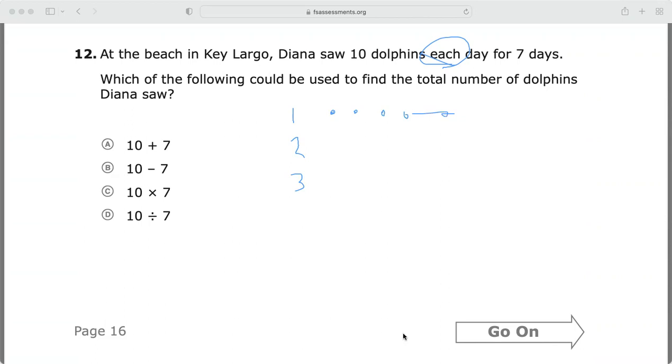Or I could do, she saw 10 dolphins on this day, 10 dolphins on this day. So as you can see, that's a lot of dolphins. And a quicker way of doing this would be multiplying. So each is a keyword for multiply. In total, she would have seen 70 dolphins. That's a lot of dolphins.